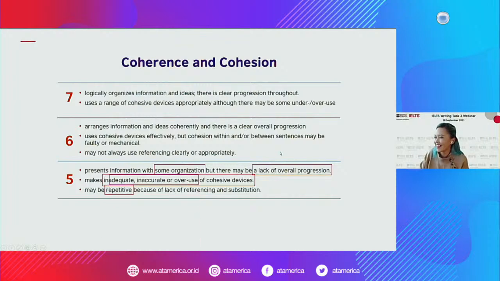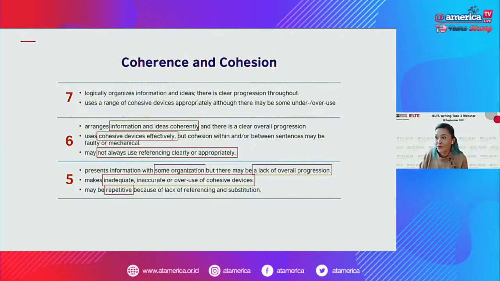Sorry about that. Okay. You can still get a 6 if you attempt to organize your information and ideas and use some effective cohesive devices, but you don't always use referencing clearly or appropriately. Reference words can also be determiners like this, that, these, those, and pronouns, instead of repeating.